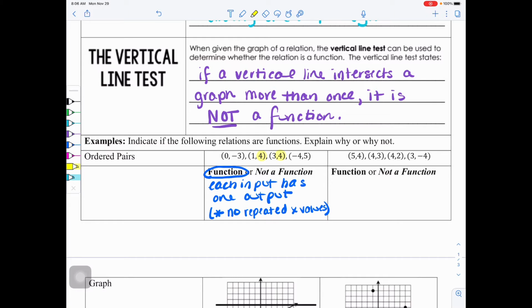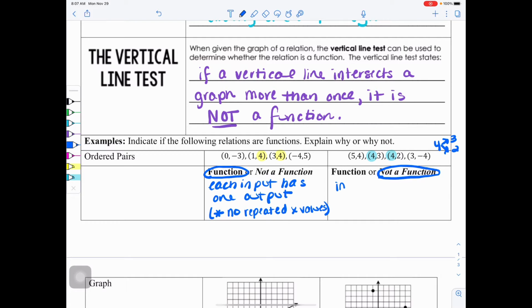When we go to the other example, (5, 4), (4, 3), (4, 2), (3, -4), I see repeated x values. Which means if I were to draw a quick little picture over here, 4 is being paired with 3 as well as being paired with 2. So an input of 4 has more than one output. So this is not a function.